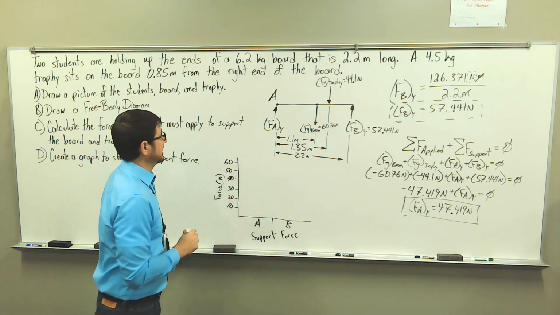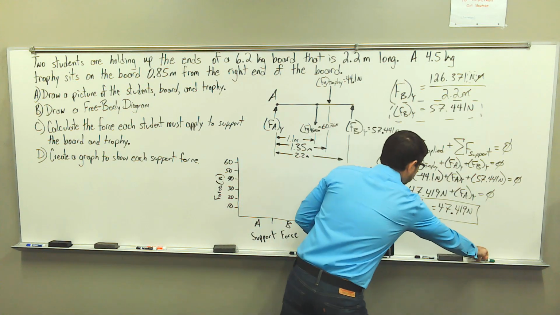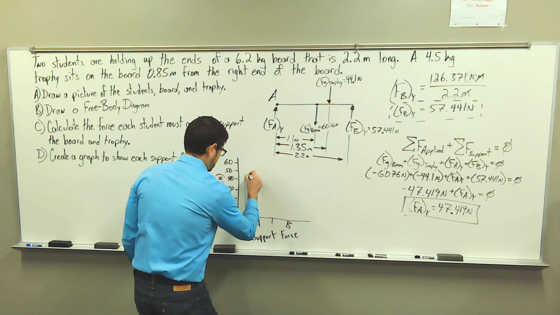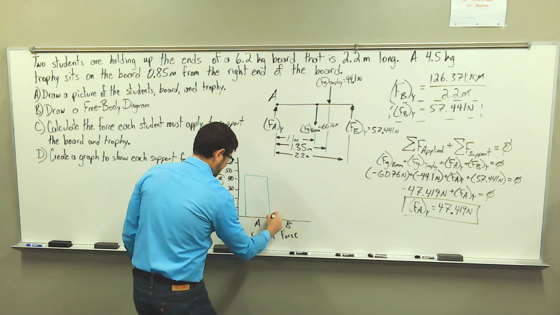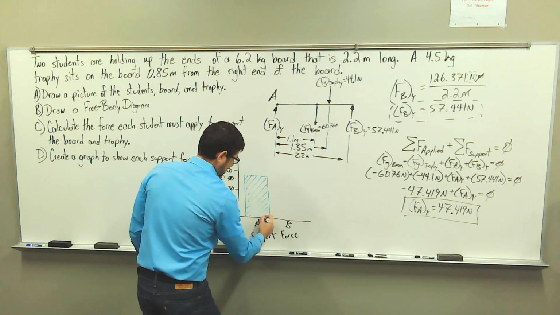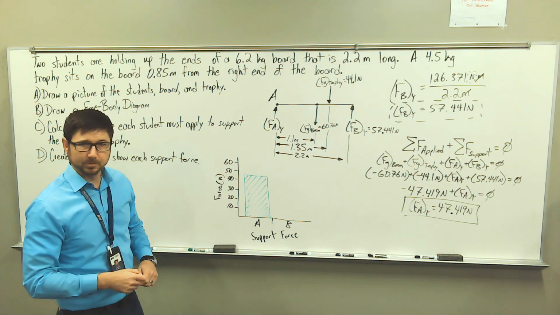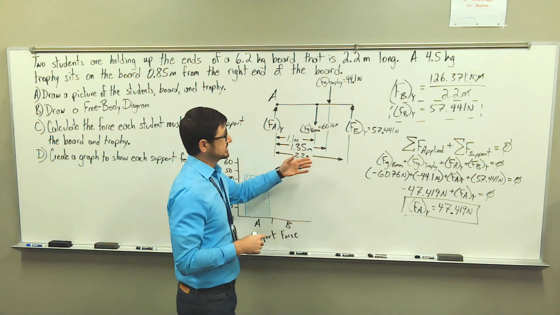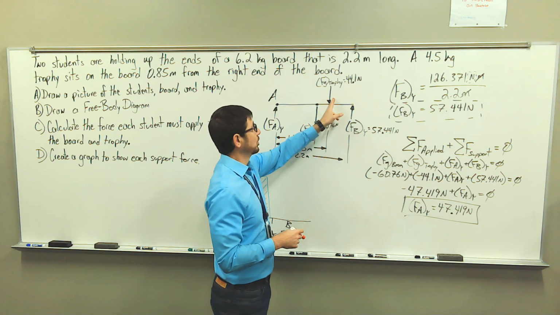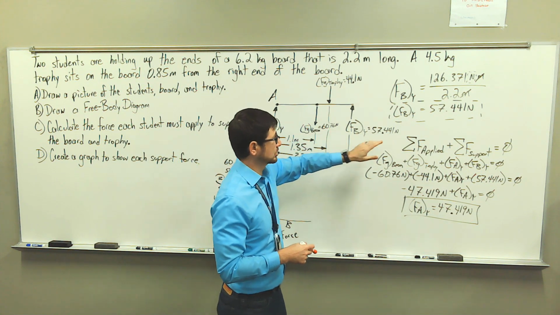Okay, and for A, we have 47.419. So okay, here we have that bar representing support force A. And B, so this is going to be the side that has a greater value because remember, the weight force of the trophy is closer to side B, so we're supporting more force.